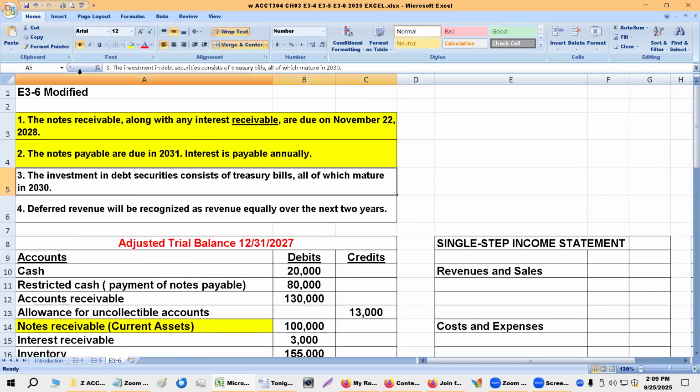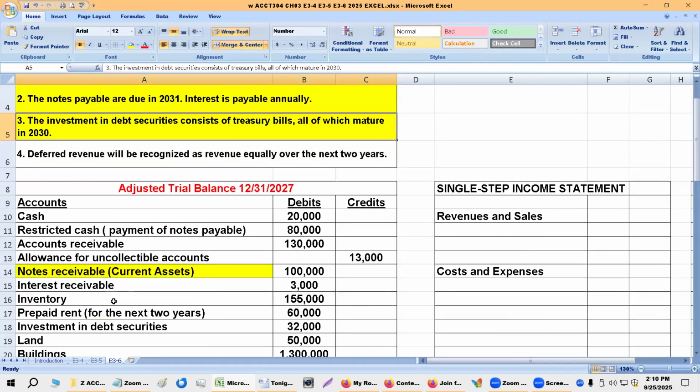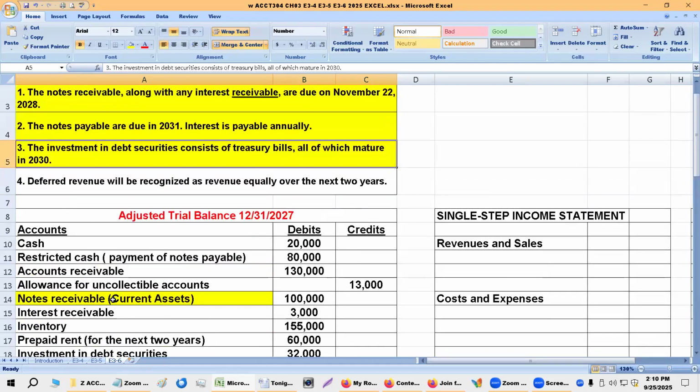Investment in debt securities, so treasury bills, all of which mature in 2030. Okay, current asset or non-current asset? Investments. Non-current, long-term, yep.